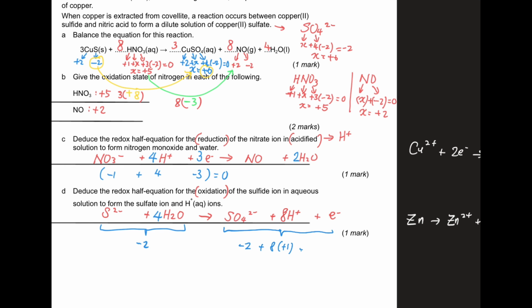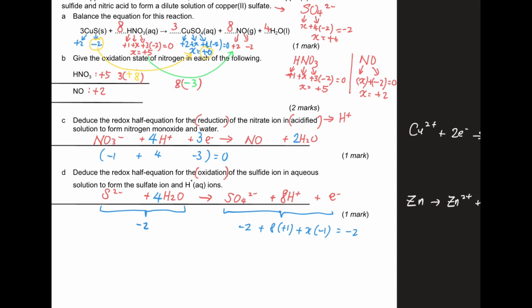We have to get -2. So how many electrons? I just leave it as unknown first, X electrons. 1 electron is -1. I don't know how many electrons are required, so I call it X first. So I find out X, then I will know how many electrons are necessary here.